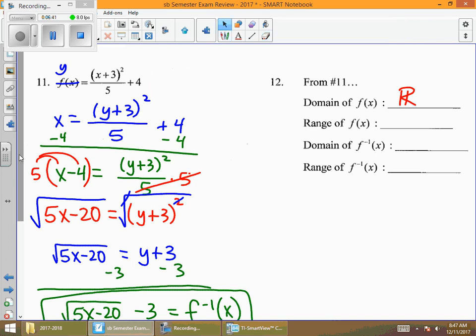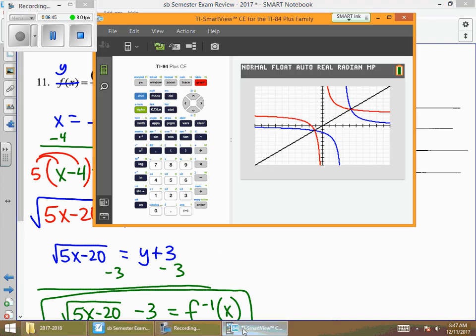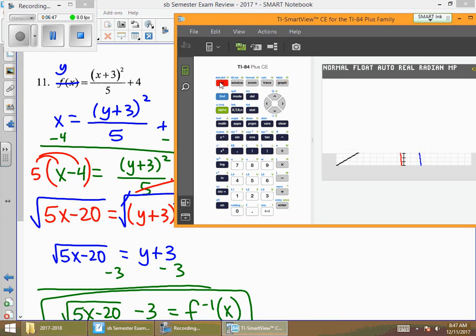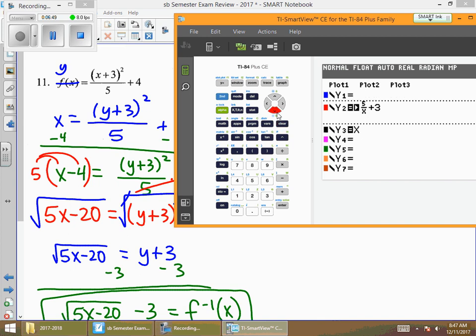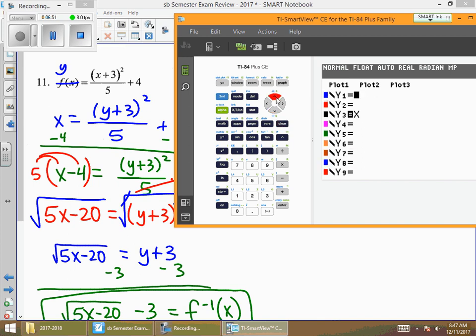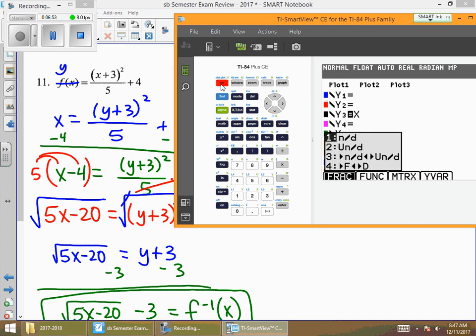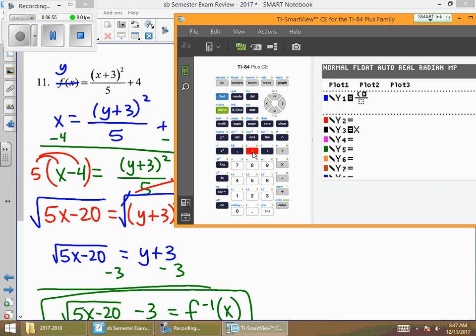There are going to be some restrictions on this because this function is not one-to-one, actually, now that I think about it. Great thing to realize as you're making a video. It's fine. All right, so let's see here. (x plus 3) quantity squared, over 5 plus 4.